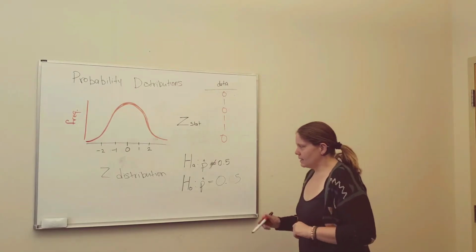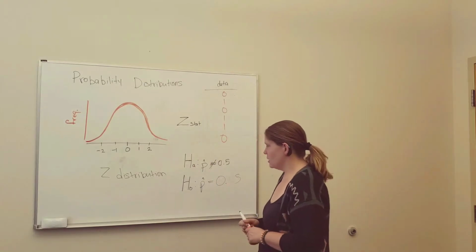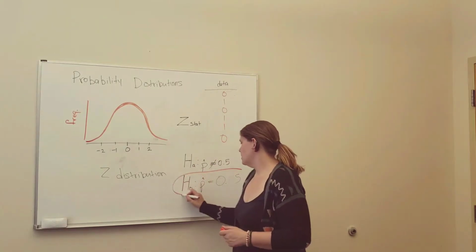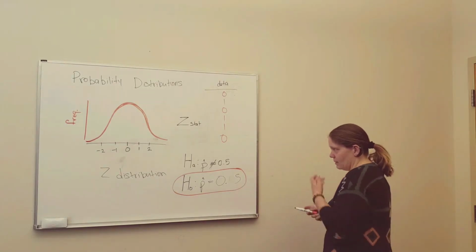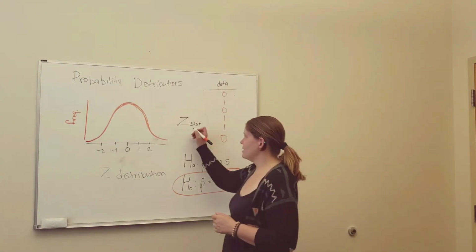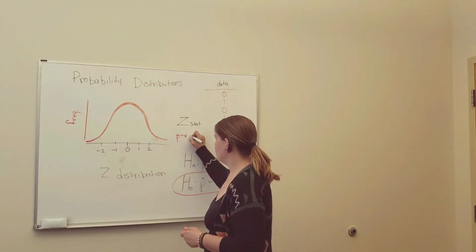So in statistics, although we are really interested in the alternative hypothesis, we actually test the null hypothesis. And the reason we do that is because we use our z statistic to calculate a p-value.